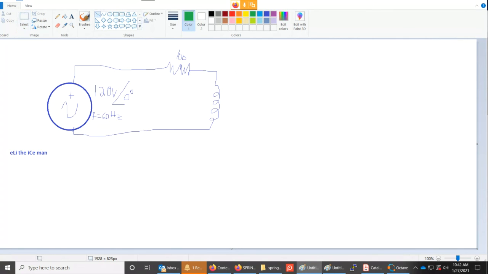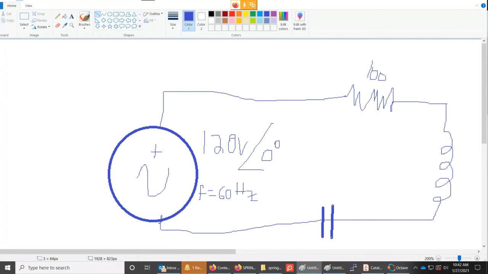values. Let's throw in a capacitor here. So let's do the full circuit. Let's say we have a capacitor here. Got this line out of the middle of my cap.